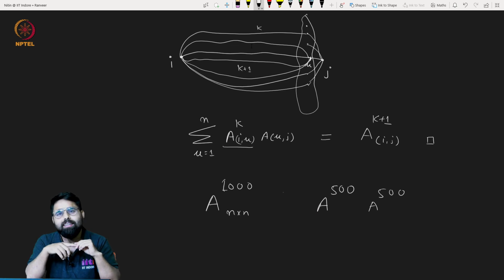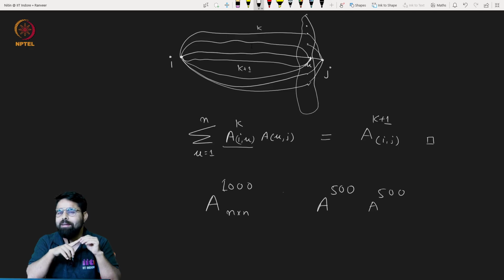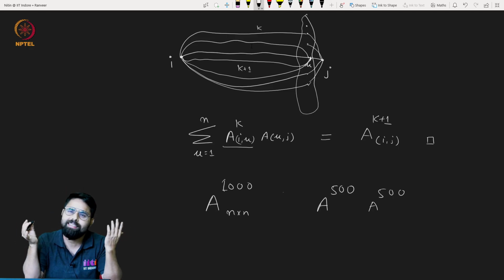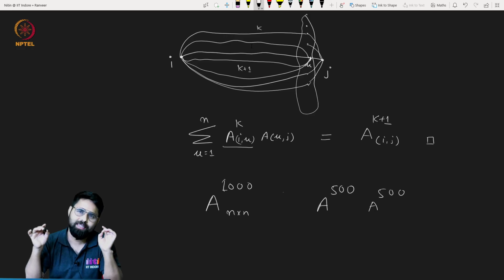But for that cleverness to happen, the matrix has to follow certain properties, and fortunately for this course, the matrix that we have is the adjacency matrix. I told you symmetric matrices display very beautiful properties, and the adjacency matrix is also a symmetric matrix.